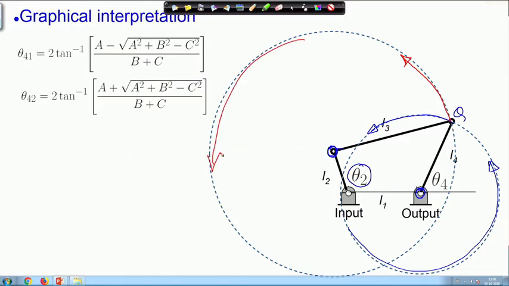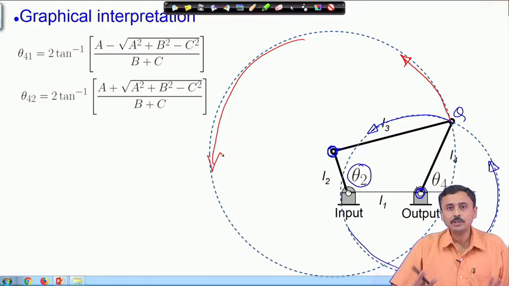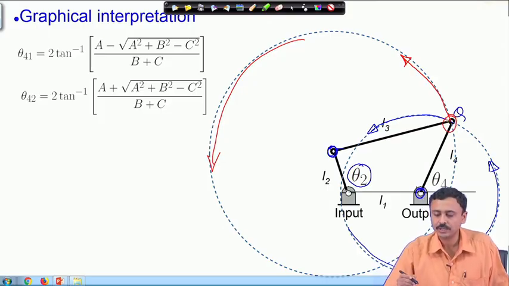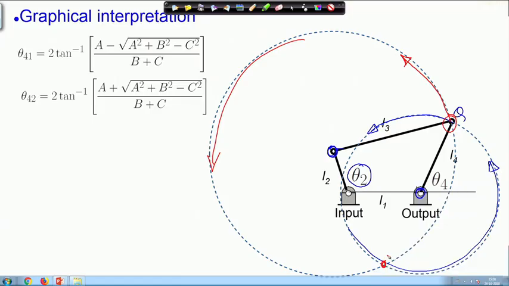Therefore, the mechanism can be assembled only when these two positions of Q coincide. Now, it can coincide in two positions. One is what is shown here, the other position is this. So, wherever these two circles intersect, that gives us the two solutions. So, one configuration is shown in black, the other configuration I will show here in red.